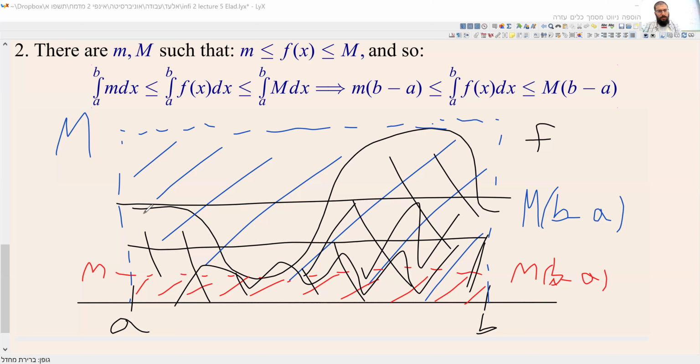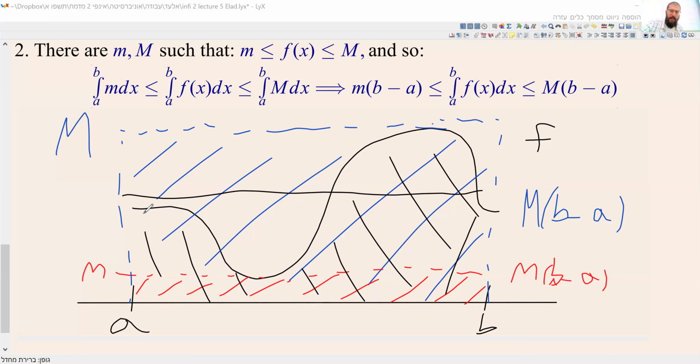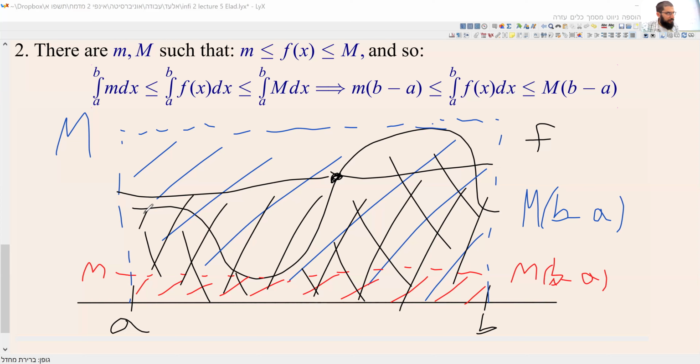By the intermediate value theorem, we know that there is some point on the y-axis between little m and big M that gives us a rectangle with the exact same area as f. That's not a big deal. What is more interesting: is there any point on the graph itself that gives us a rectangle with the same area as f?